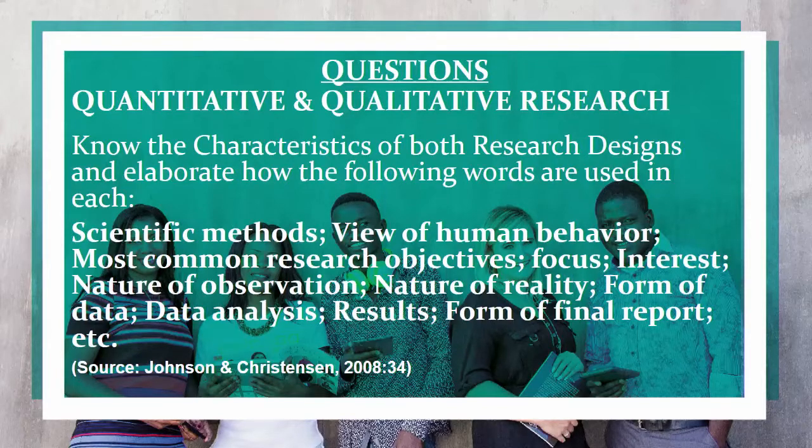I can also ask you to elaborate how each of the following words is used in each of these research designs. Which words are they? How do we use scientific methods? What are the scientific methods in qualitative research design, and what are the scientific methods in quantitative research design?